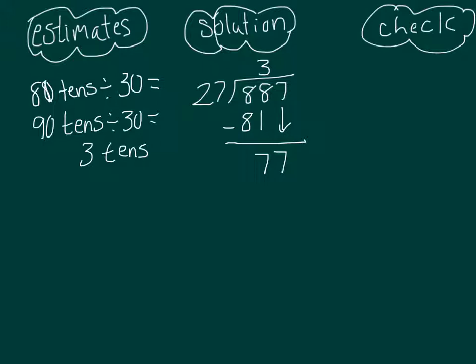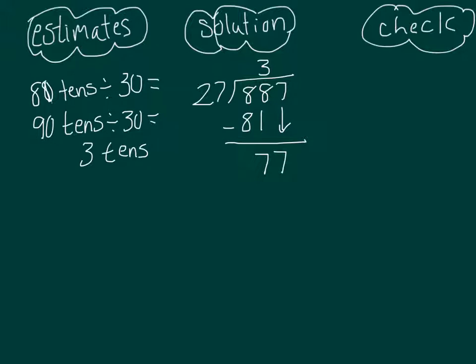Show me on your whiteboard or in your notebook, how are you going to estimate 27 divided into 77 ones? You have 30 seconds. Let's round our divisor to 30 again.